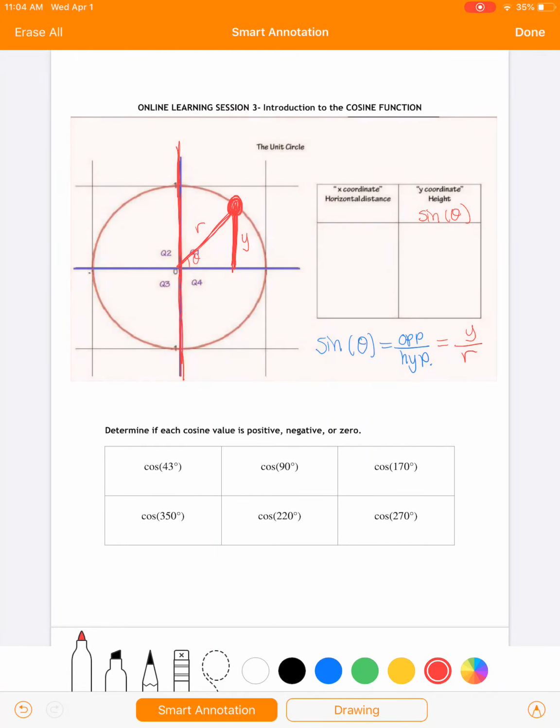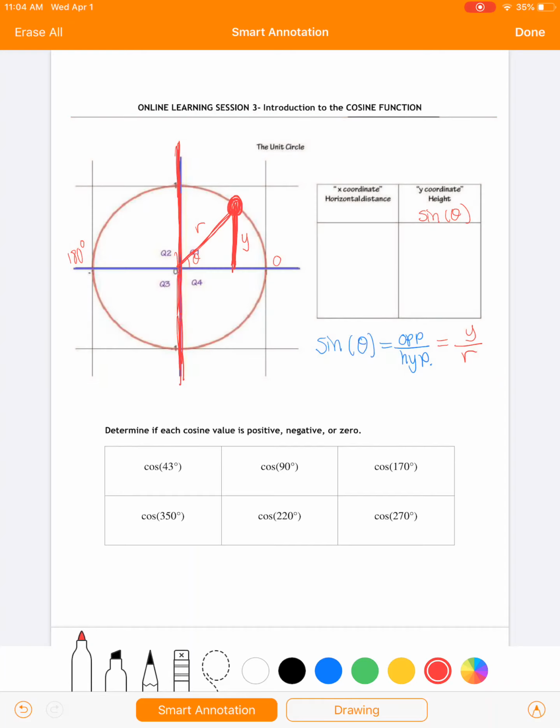And we talked about how if you were above the x-axis or you were between 0 and 180 degrees, you would end up having a positive sine value because your height was positive. But now we're going to be looking at not in terms of how high you are around the circle, but rather how far to the right and left you are from the y-axis.